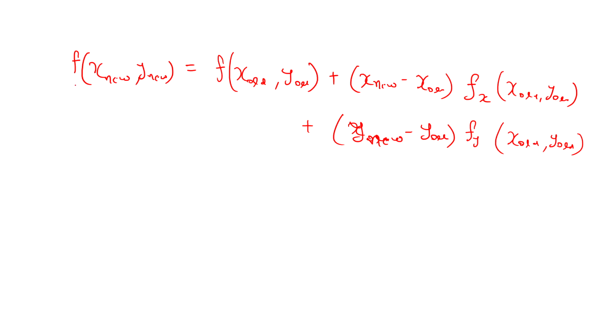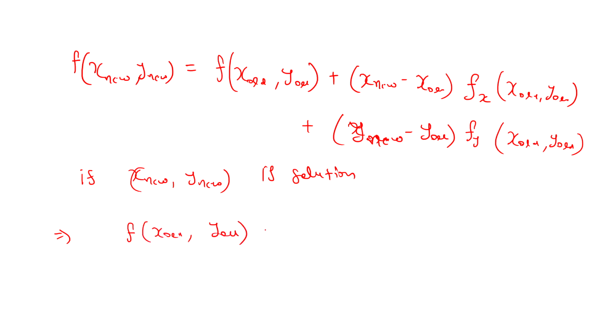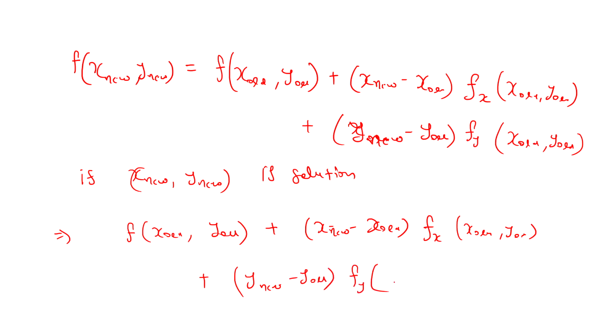And this is true for all the functions. So from here we can say that if (x new, y new) is the solution, then this will give me f(x old, y old) + (x new - x old) fx(x old, y old) + (y new - y old) fy(x old, y old) = 0.